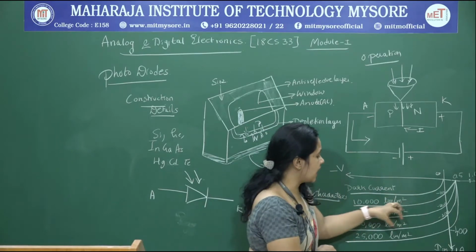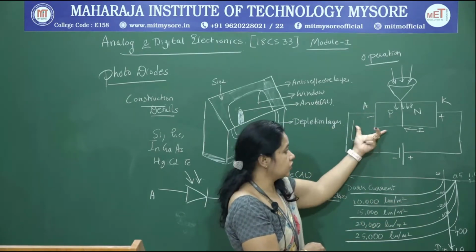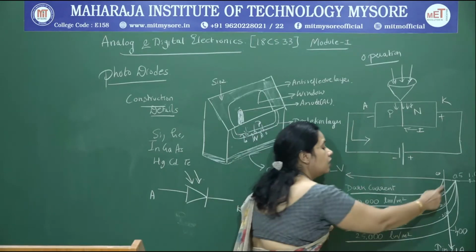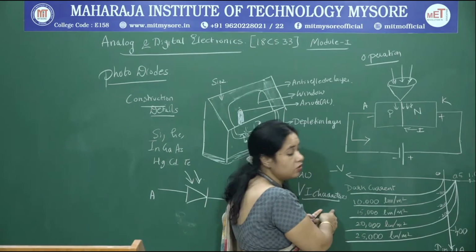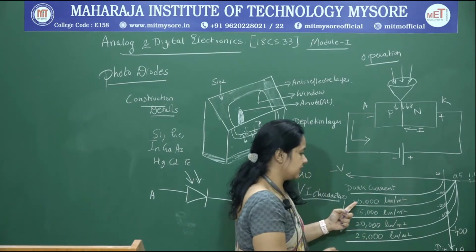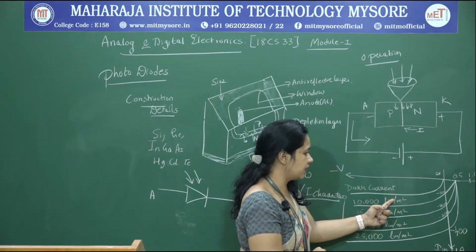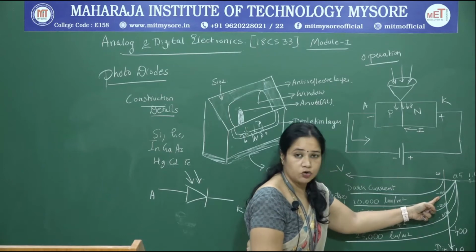When I start increasing the light intensity falling on the junction, the reverse current starts flowing in the circuit. As you go on increasing the light intensity, at 1000 lumens per meter square the current is around 100 microamps.